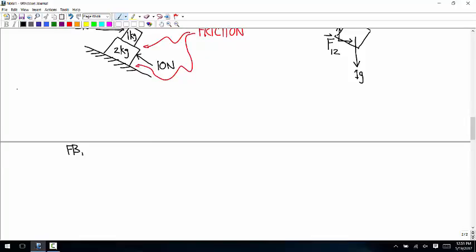And then the free body diagram of the 2 kilogram box. We have the weight of 2g. We have the 10 Newton force. Down at the bottom, we have the friction contact with the ground. So I'll write that as the force on the 2 by the ground.